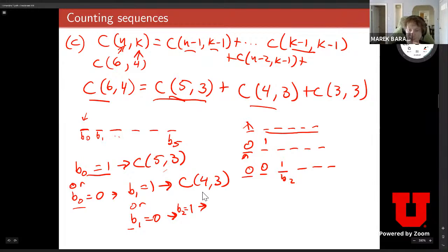So if we have a 1 here, then we're putting 3 and 3. Can B2 equal 0? No, because in this scenario we have 3 zeros here, and then we're trying to put 4 ones into 3 slots. So this is equal to 0.